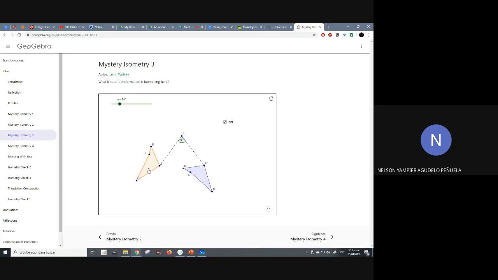You see, it's a rotation. It is a rotation because it flipped, but it not actually flipped. It actually turned. You see? And if I move it, the angle moves and the other figure also moves. If I move this one, it also moves.